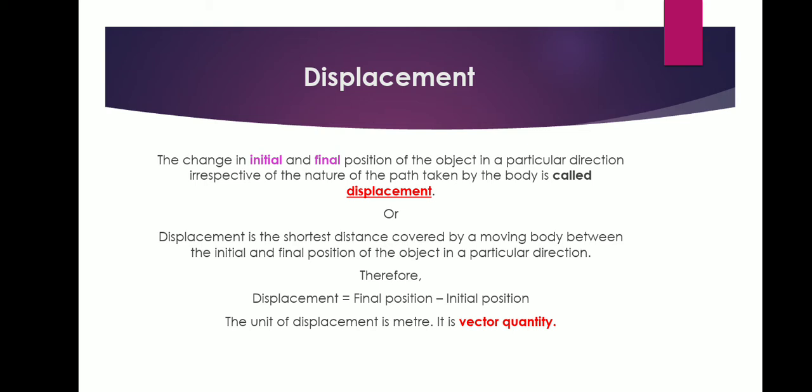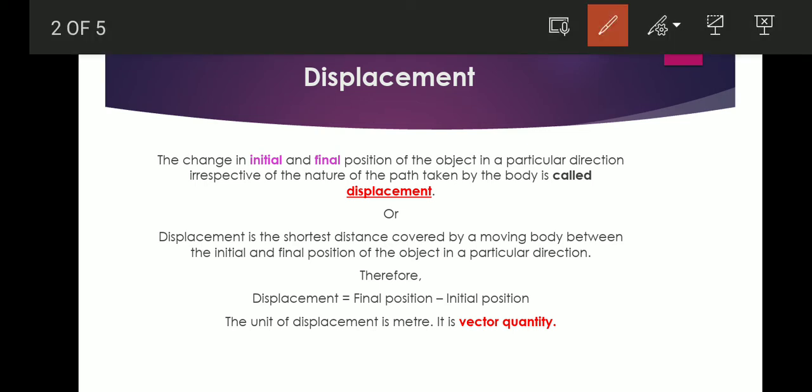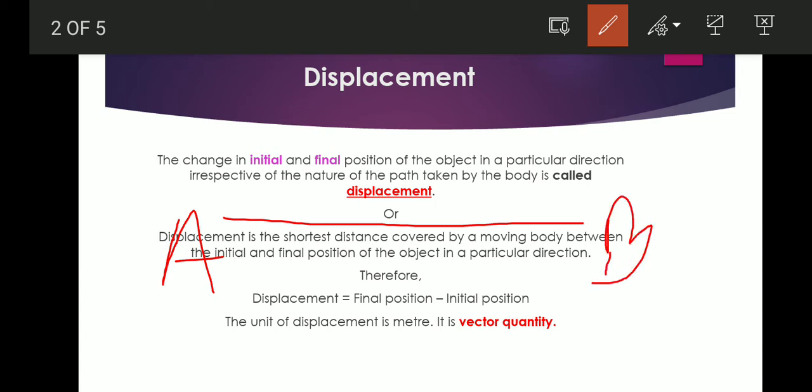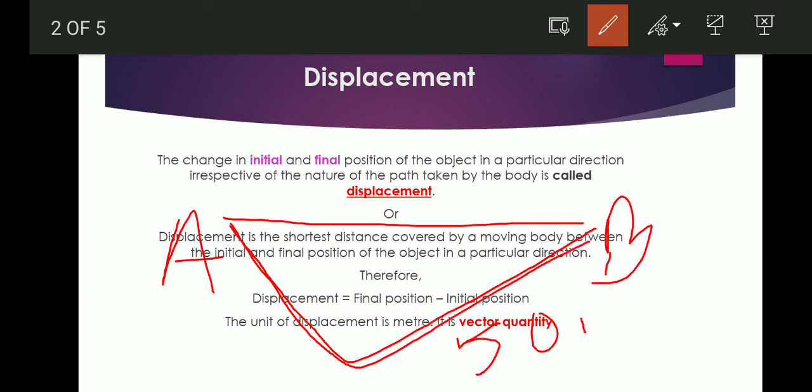Here, I'll give you one example. Let's say this is A and this is B. From A to reach B, your path is like this. Then this path is 50 kilometers, but the actual displacement, the actual length straightward is only 20 kilometer.